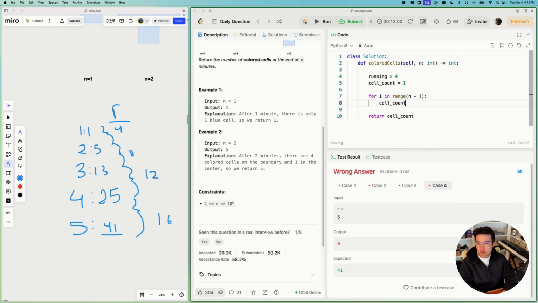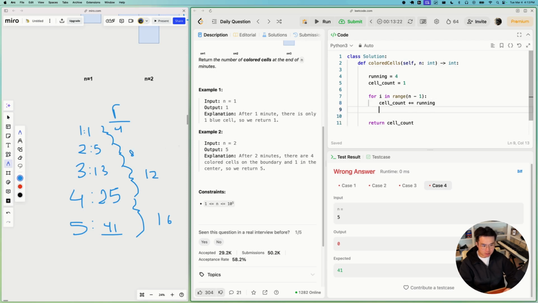The cell count is equal to everything before it plus running. So that's going to be 1 plus 4, which is 5. And then later we have to make sure that it's 5 plus 8.